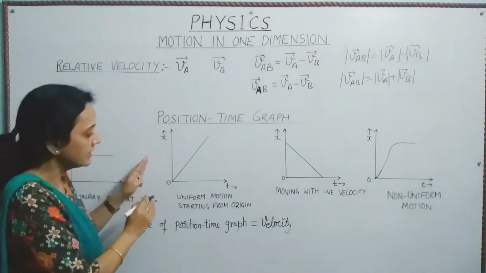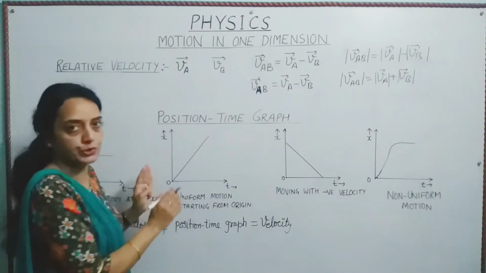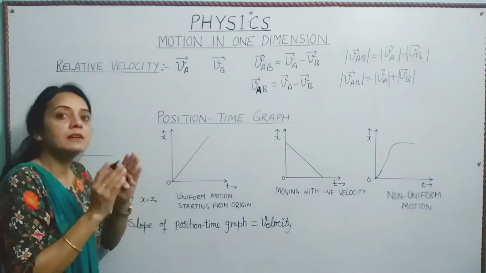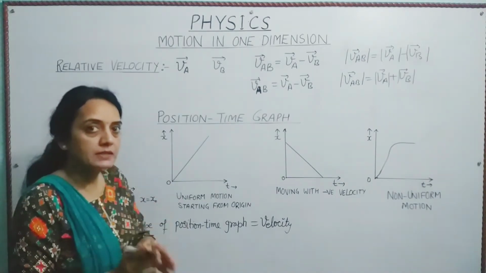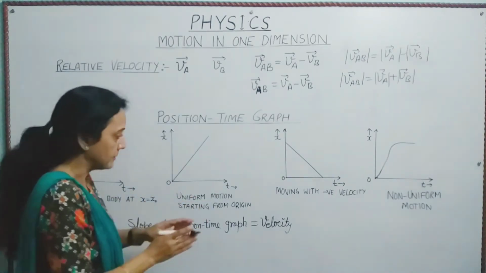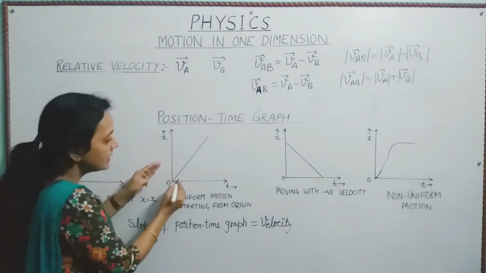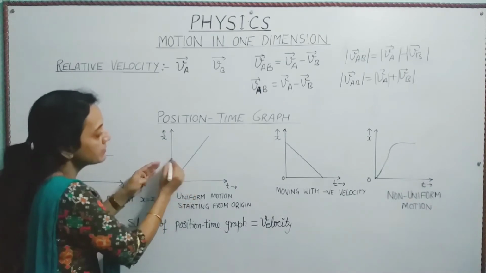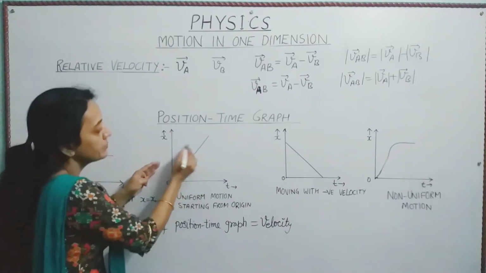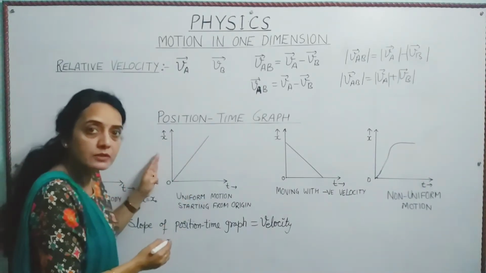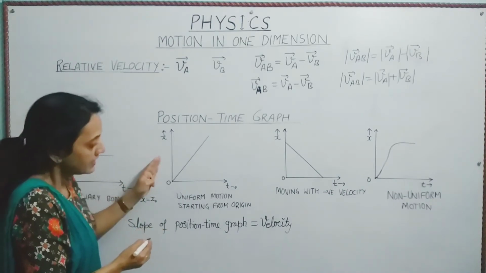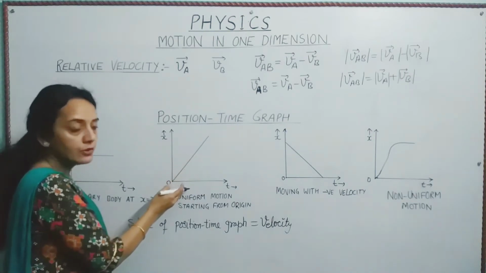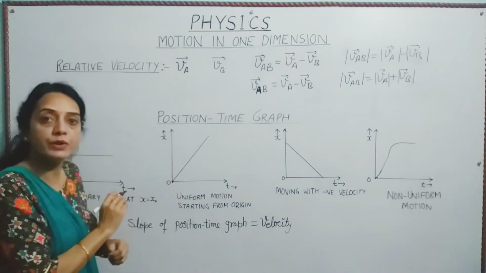This is the graph for uniform motion. As I told you earlier, uniform motion means the body covers equal distances in equal intervals of time. That means as time increases, in the same ratio the displacement also increases. So this is the diagram of a body moving in uniform motion starting from the origin.